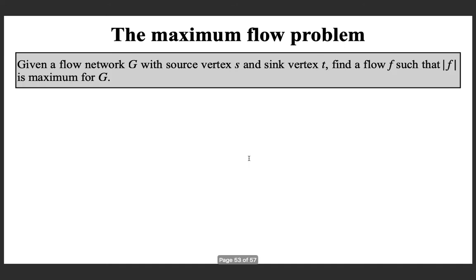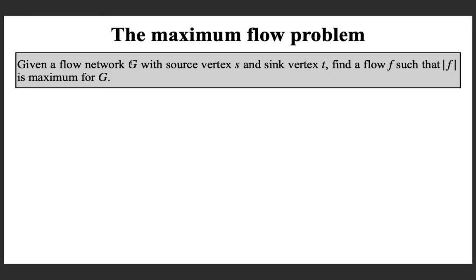Then the maximum flow problem. This is a very common problem that computer science students should learn in an algorithms course or graph theory, which is the max flow problem.